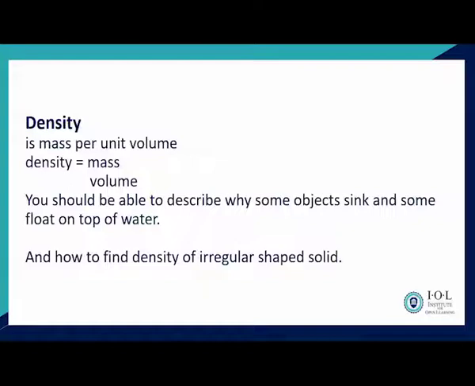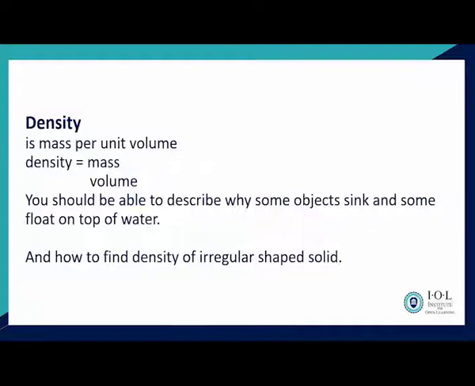We know that the density of water is 1 gram per cubic centimeter. Any object that has a density greater than 1 gram per cubic centimeter will sink underwater. And any object that has a density less than the density of water, which is 1 gram per cubic centimeter, will float on top of water. So we must be able to describe floating and sinking in terms of density.